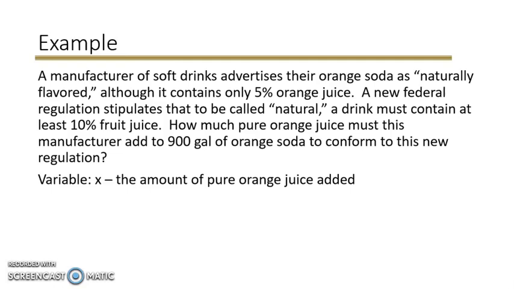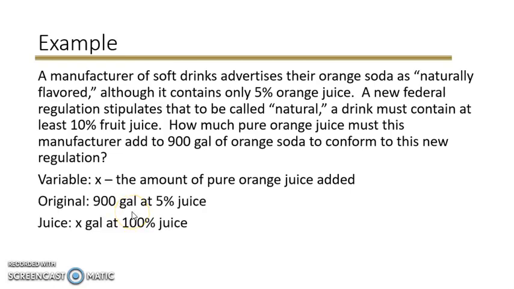Once I've identified the variable, I'm going to organize my other information and try to create expressions and equations from that. So we're going to start off by looking at what it originally had. Originally we had 900 gallons of drink at 5% juice. And for the juice that we're adding, we have X gallons, because that's what we want to find out, at 100% juice.